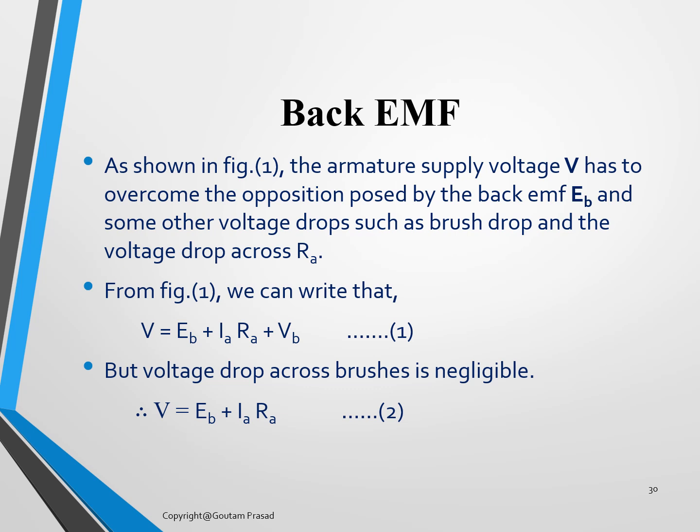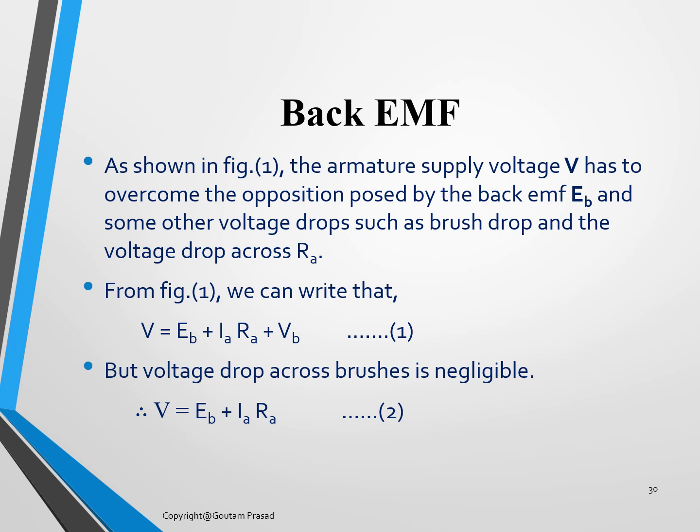The supply voltage V has to overcome the opposition posed by the back EMF and some other voltage drops, such as the brush drop and the voltage drop across the armature resistance.